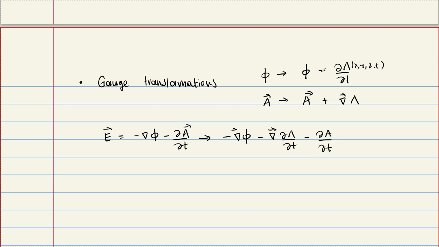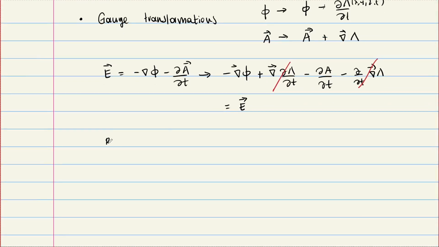I think this is minus, this is plus. Oh, this is minus minus, this one is plus, right? There is like one minus here, this is plus. And this is del A del t minus del t, this term. And you can see these derivatives always commute, so this one is going to cancel this one, and this is going to give us the physical field. The physical field is unchanged after this gauge transformation.